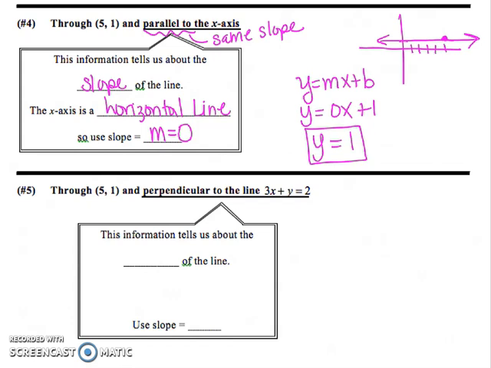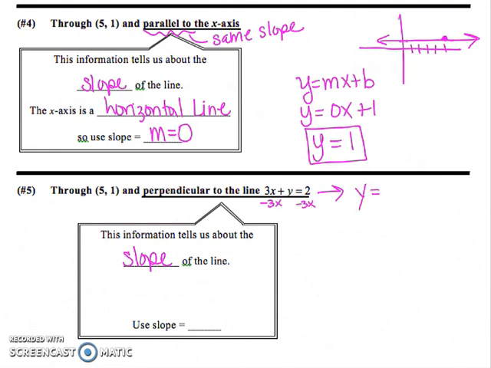Example number 5 would like us to write an equation of a line through the point (5, 1) and perpendicular to the line 3x plus y equals 2. Again, this information tells us about the slope of the line, but we have to be careful here. We can't really see the slope unless we have it in y equals mx plus b form. So we have to move that 3x over to the other side.